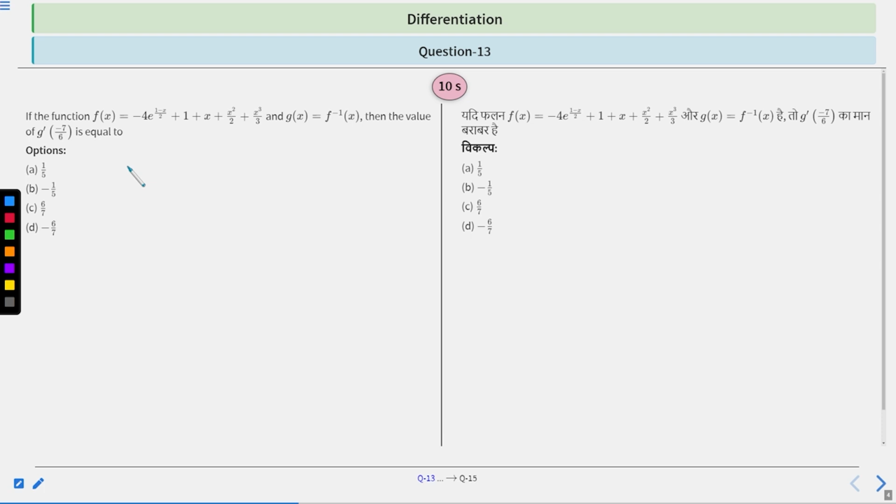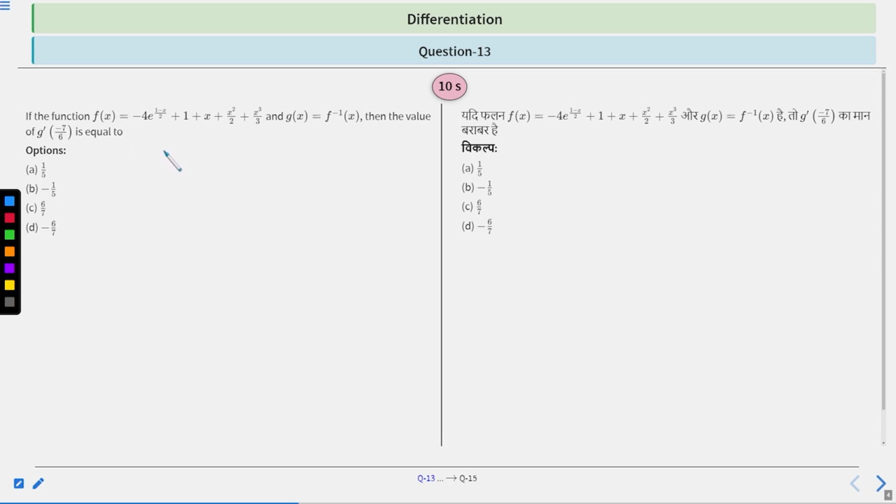So the hint of this question is C. The function f(x) is given as this, and we have to find g dash of x, and g(x) is basically f inverse x. So to find g(x), we must find f inverse x.